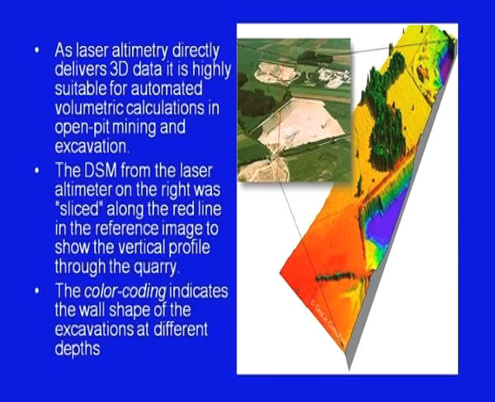As laser altimetry directly delivers 3D data, it is highly suitable for automated volumetric calculations in open pit mining and excavation. The digital surface model from the laser altimeter on the right was sliced along the red line in the reference image to show the vertical profile through the quarry. The color coding indicates the wall shape of the excavation at different depths.